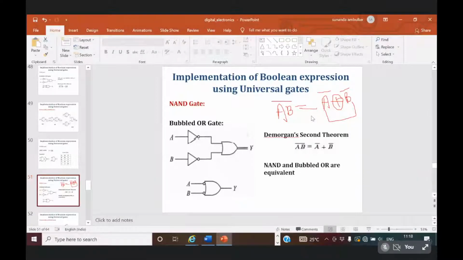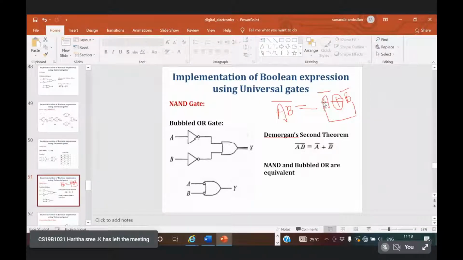If somehow we are able to complement the variables and then input them to the OR gate, then it will be the NAND operation, we can say.